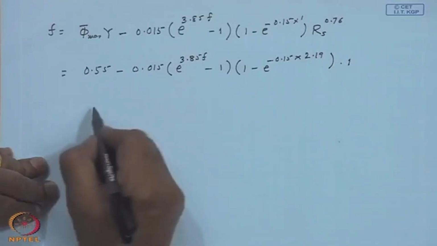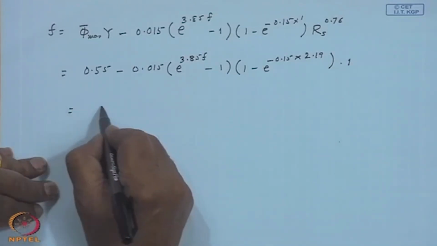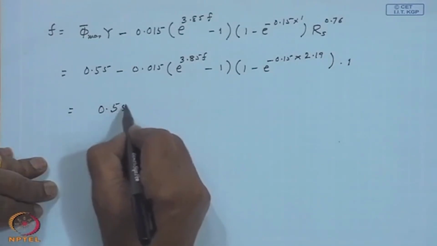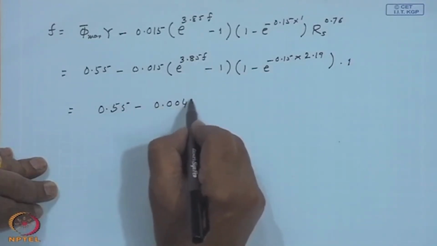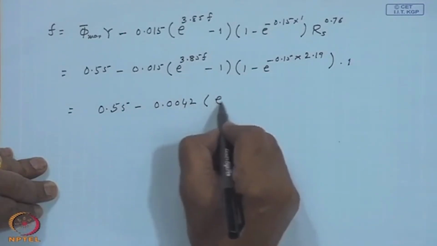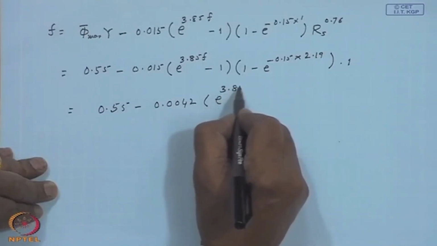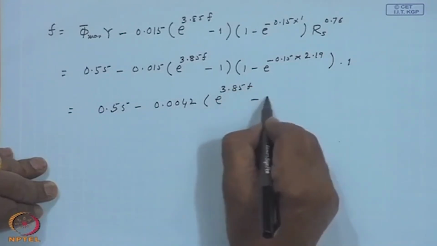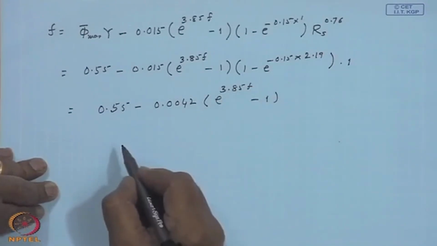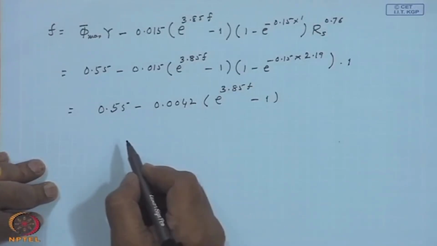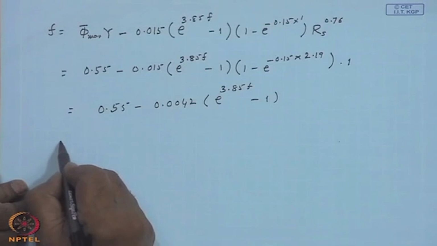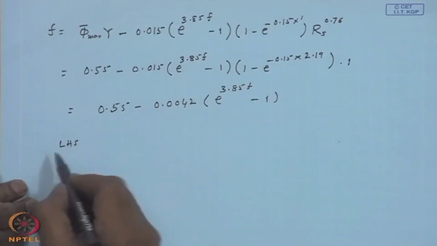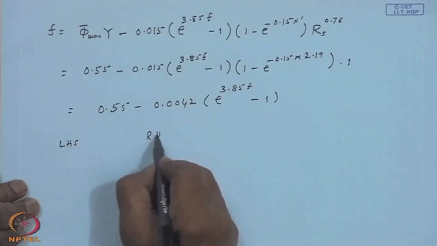So, this is 0.55 minus 0.042 e to the power 3.85 f minus 1. So, what I have done is I have set myself up a table, calculate LHS and then the RHS.